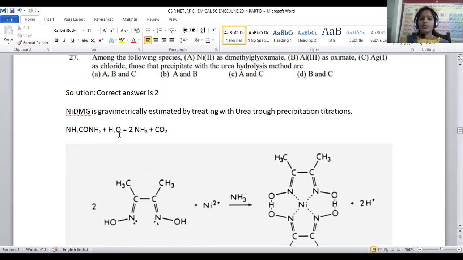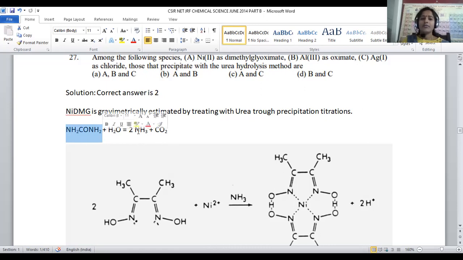When urea is added to water, it decomposes into ammonia and carbon dioxide. Because of this ammonia release, which is an essential nutrient for plant growth, it is used as a fertilizer in croplands, right? And one more thing is, urea is the first synthetically produced organic compound in the laboratory, right?